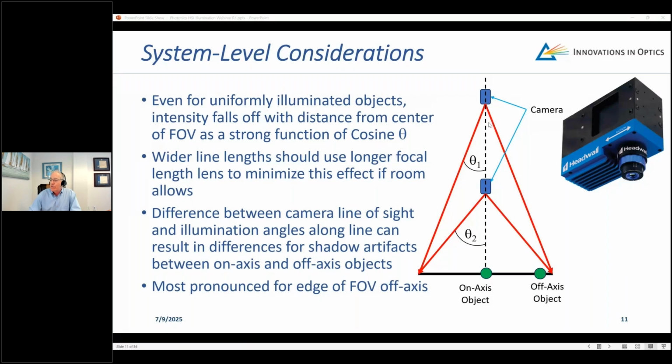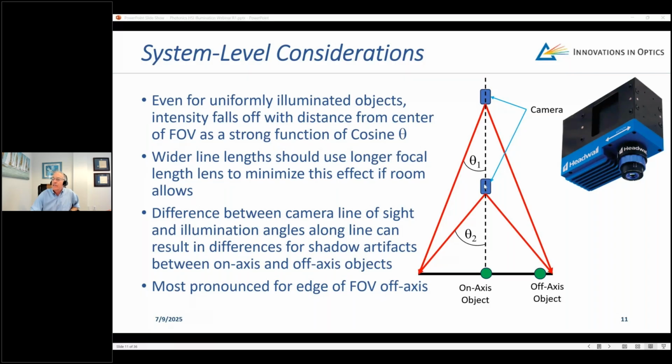And if this blue rectangle here represents the camera, if the camera's closer in, then the angle going out to the edge of the field, so this is the dimension across the width of the conveyor belt, the long dimension of the line that the camera is looking at.